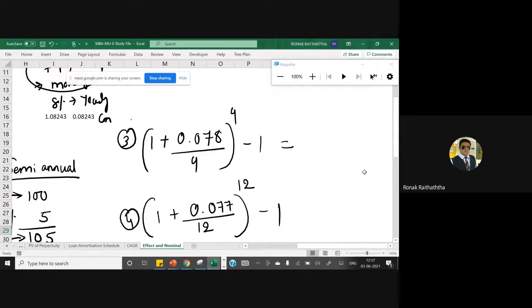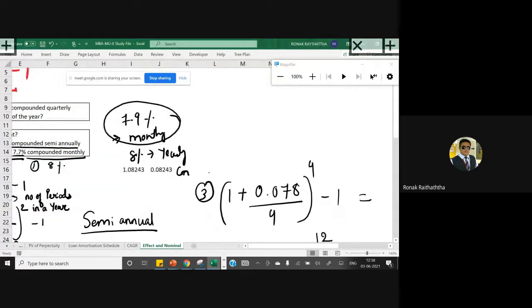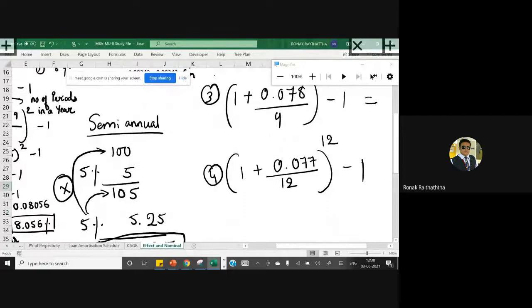See, there are different nominal rates given to you for the different compounding frequency. So you will not be taking the decision based on the nominal rate. Ideally, as a rational investor, you should be taking the decision based on the effective rates. So find the effective rates for all these nominal rates.